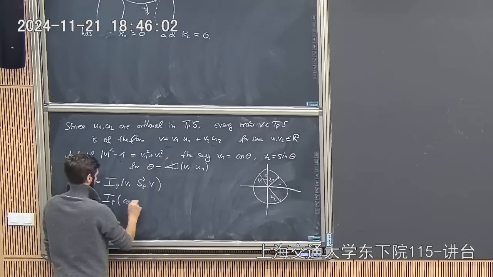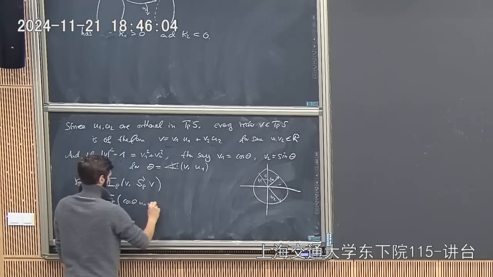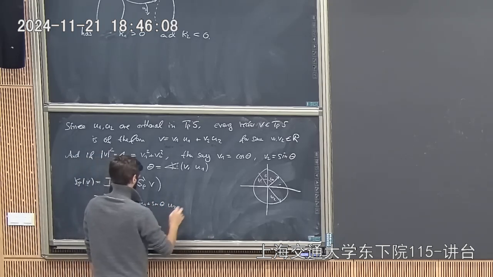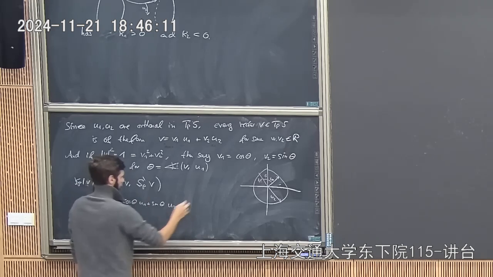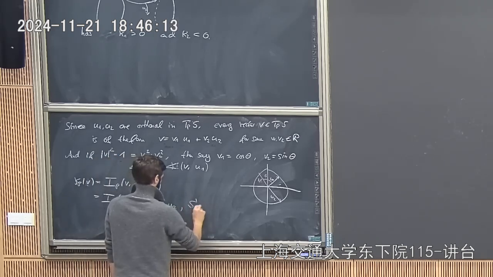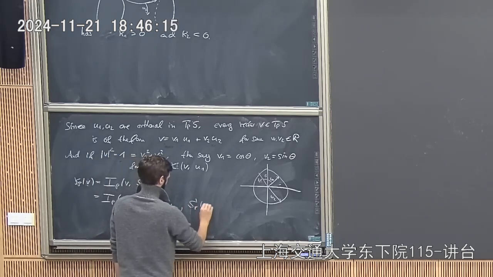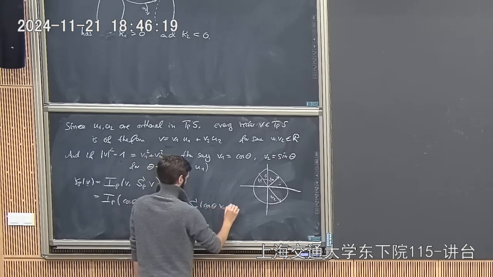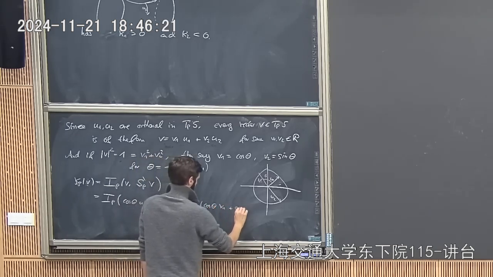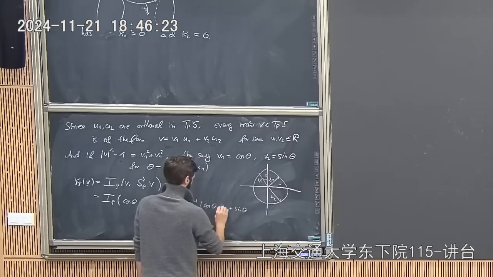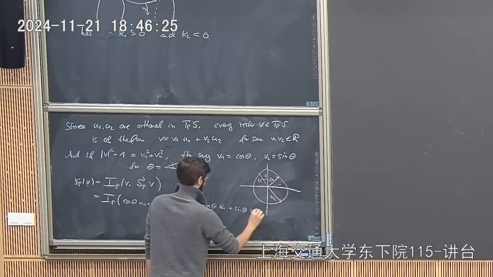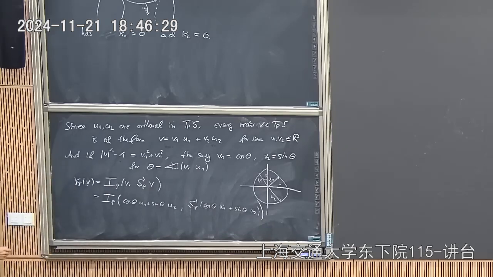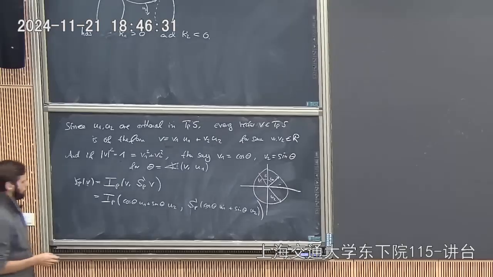So we get cosine theta U1 plus sine theta U2. And now kappa 1 plus sine theta. So nothing happened now, we just inserted the definition of V.